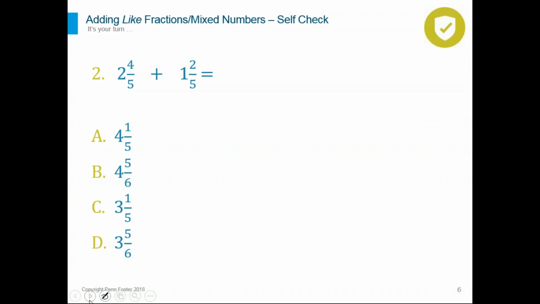Again, write down the question. Try to be neat when you write your numbers so everything is clear which number belongs to which fraction. And do step by step and find out the simplified sum of these fractions. 2 and 4 over 5 plus 1 and 2 over 5.